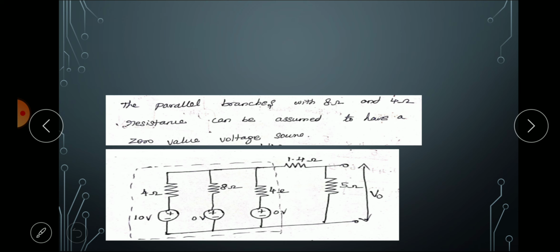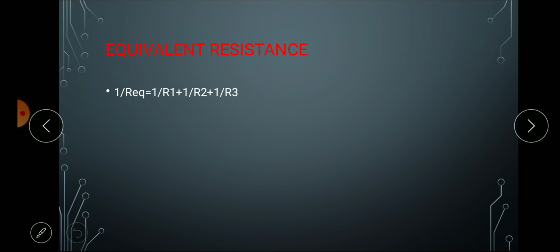In this circuit, we have to find the E equivalent and R equivalent values. First, we find the equivalent internal resistance. 1 by R equivalent is equal to 1 by R1 plus 1 by R2 plus 1 by R3.